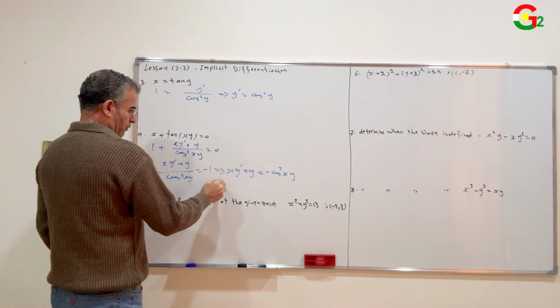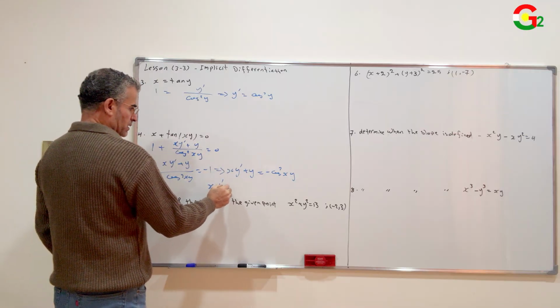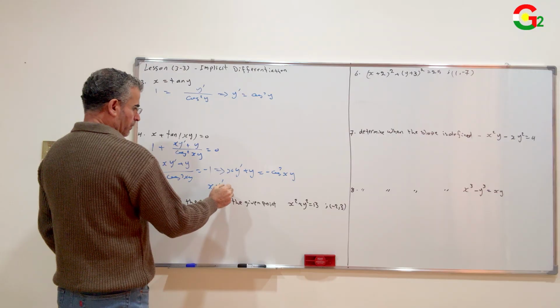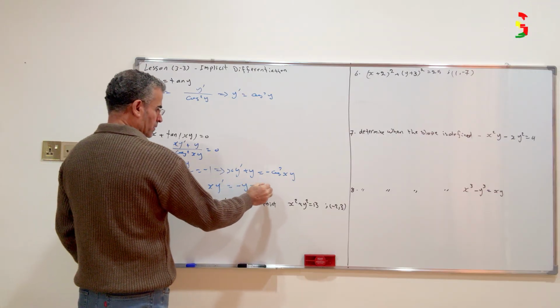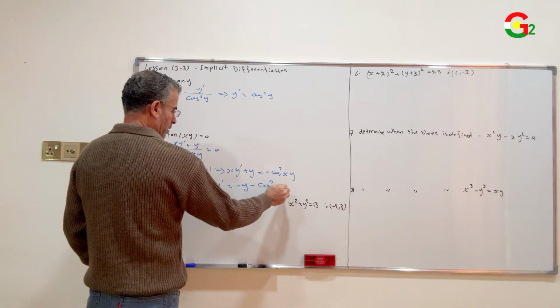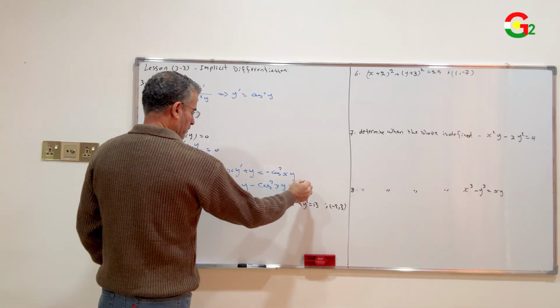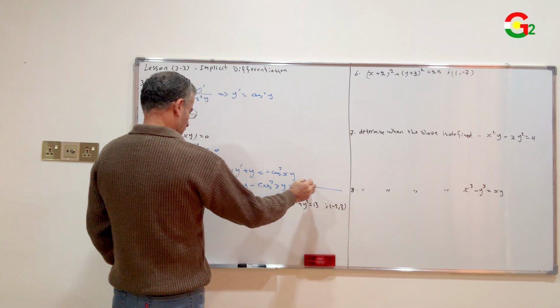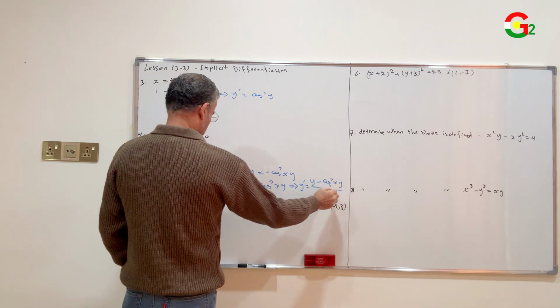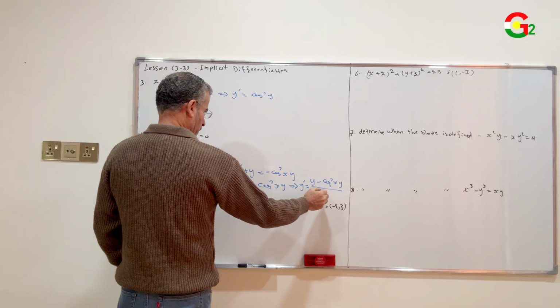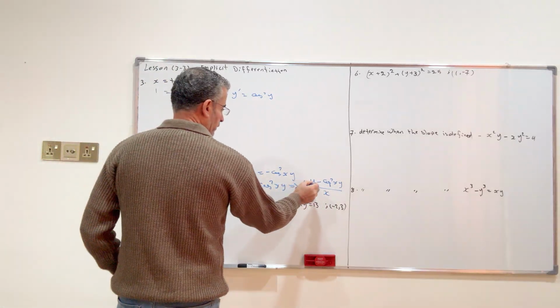Collect the term with y prime on one side: x y prime equal to negative y minus cosine square xy, and y prime equal to negative y minus cosine square xy over x.